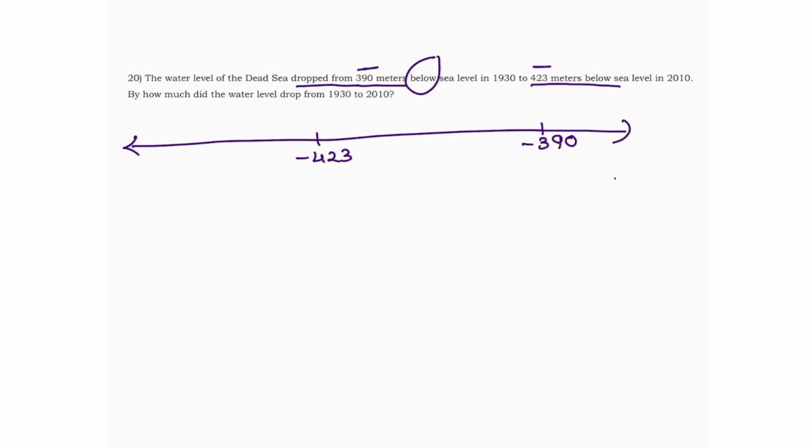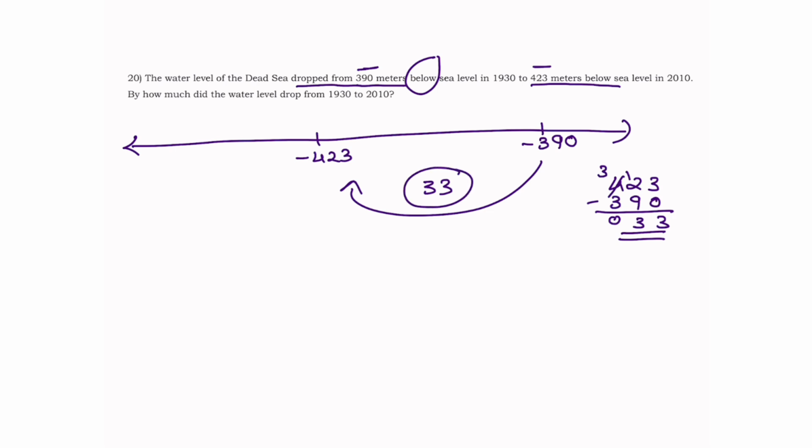It's basically 423 minus 390, right? So here is 3. I can't do this, so I'm going to borrow one here, and that's 3. And this is 0. So the difference between the two is 33. So how much has it dropped? It has dropped by 33.